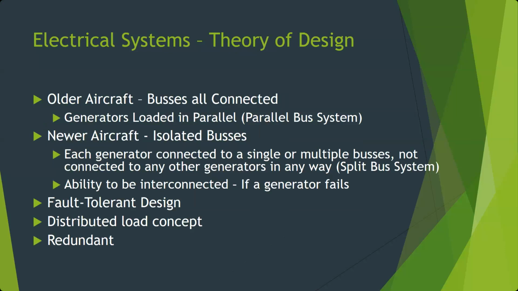The other thing we have to do is, if for some reason those all do have to be combined, because say we lose an engine, we have to be able to match the resulting combined load with the generator that's operating, and that's called load shedding. We have to get rid of things that maybe aren't as important. We'll talk about how that works. But this creates a redundant system that allows the aircraft to operate incredibly safely. It's very, very rare that the plane loses power.